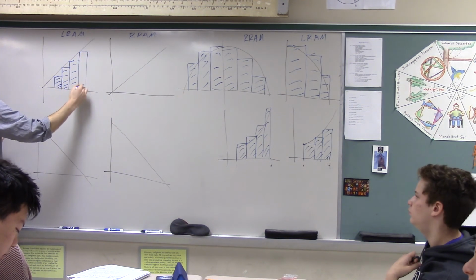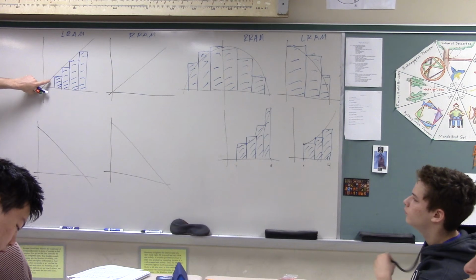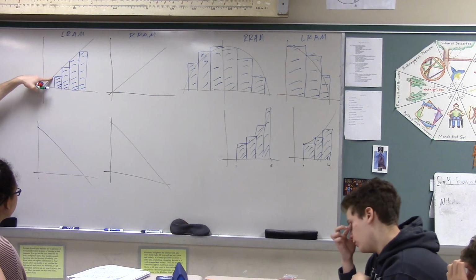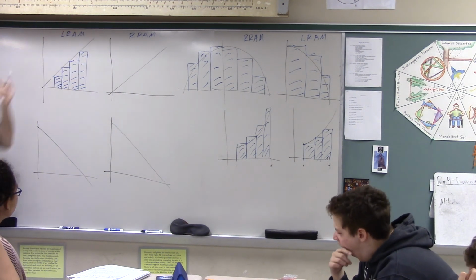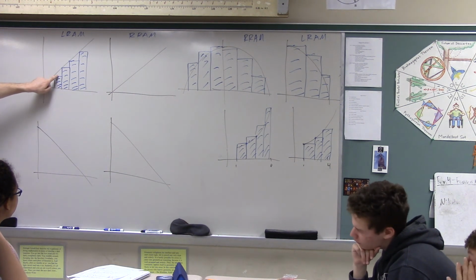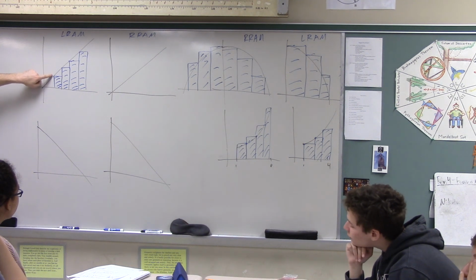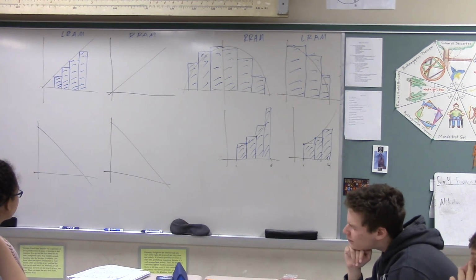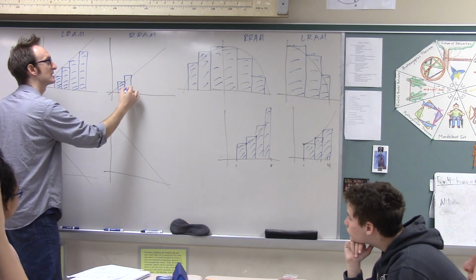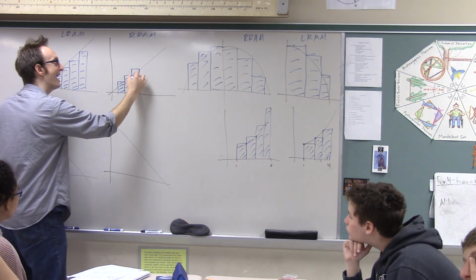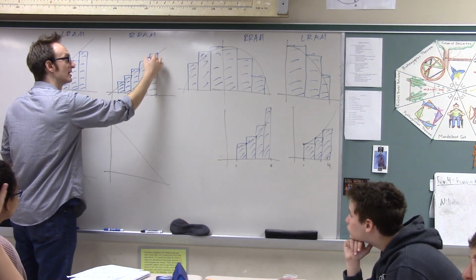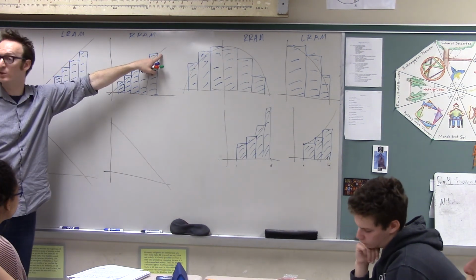That's going to consistently be an underestimate because the curve is increasing. On a rectangle by rectangle basis, I will be estimating the function at the spot where it is the smallest over that subinterval. Whereas if I use RRAM, by using the right-hand endpoint of an increasing function, I'm estimating the curve using the value where it is always going to be biggest, because on any subinterval, the right-hand endpoint has the largest y value.